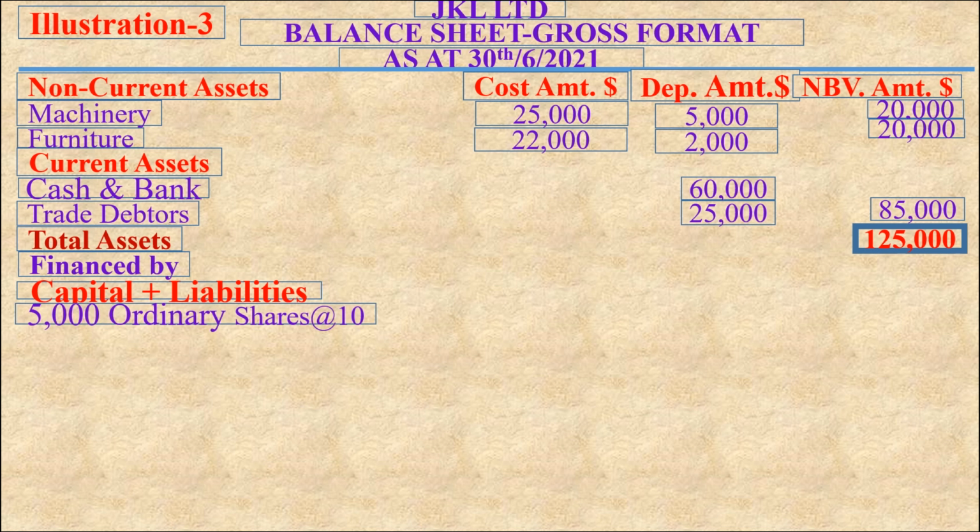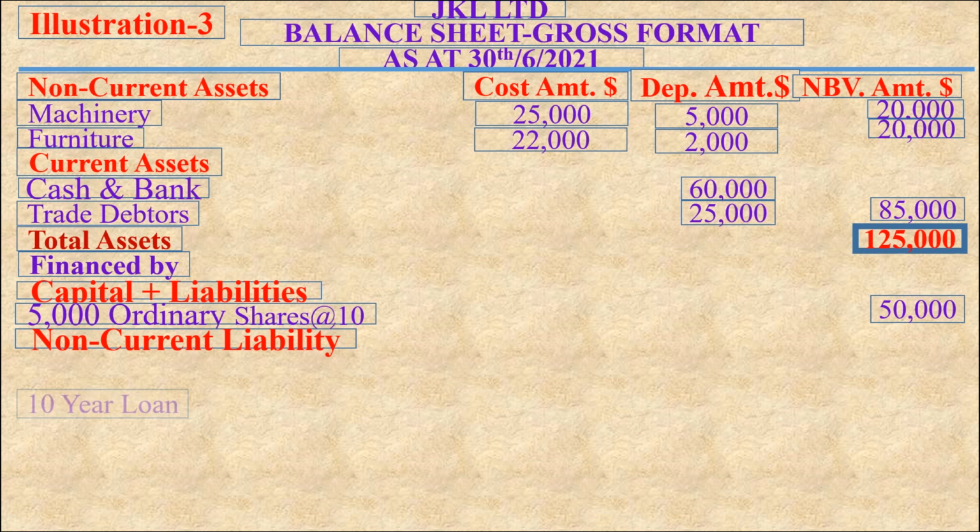Number one, we have got the capital perspective, where under that we have got the 5,000 ordinary share capital at $10 each, which translated to $50,000. Then we have got non-current liabilities, under which we have got a 10-year loan amounting to 45,000.